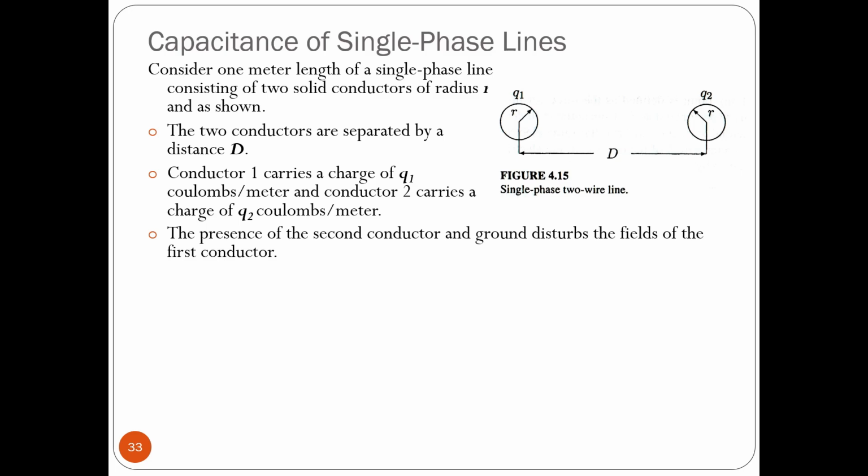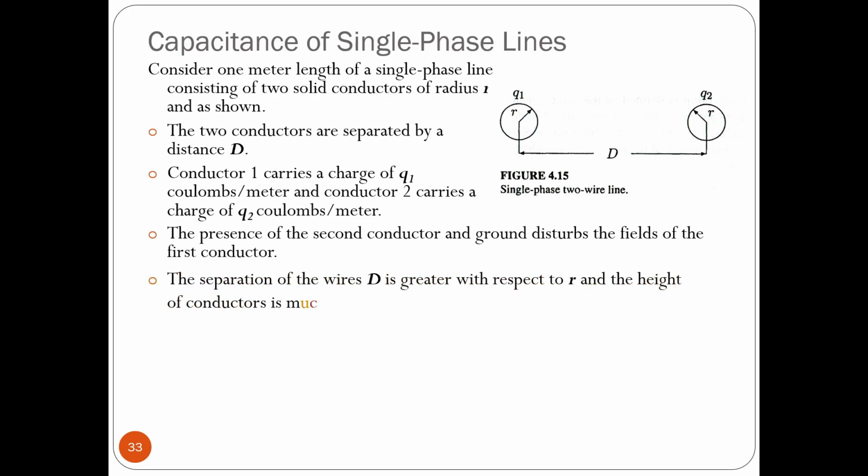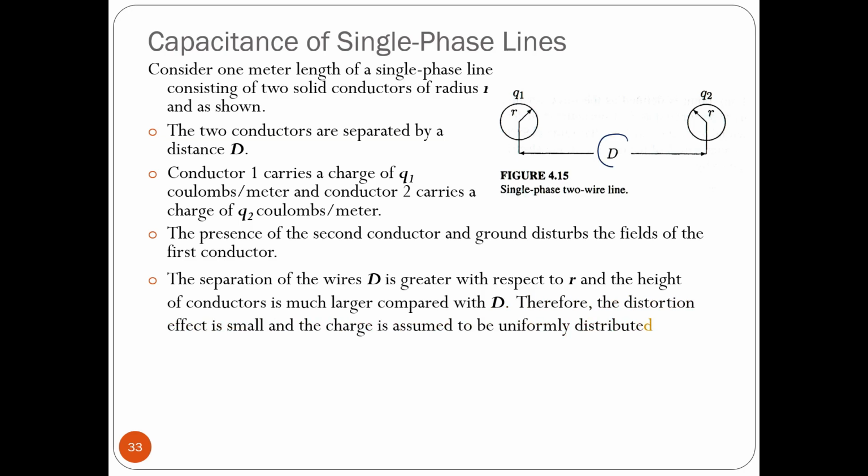So now let's expand it further. Let's say that we have two conductors with radius r and charge values of Q1 and Q2. Let's look at the effect on capacitance, where we assume that the distance d is much bigger than the radius r, and the height of the conductor is larger than d, which means we assume that there's no earth effect.